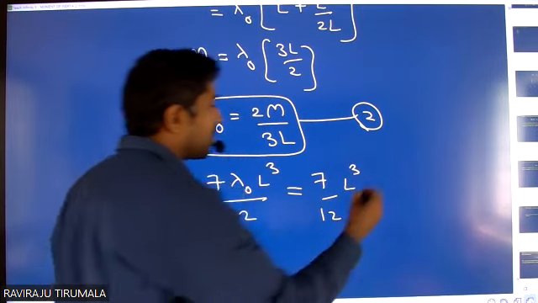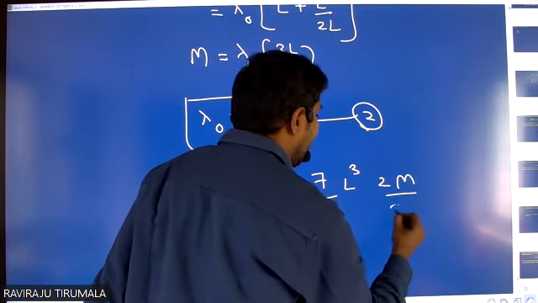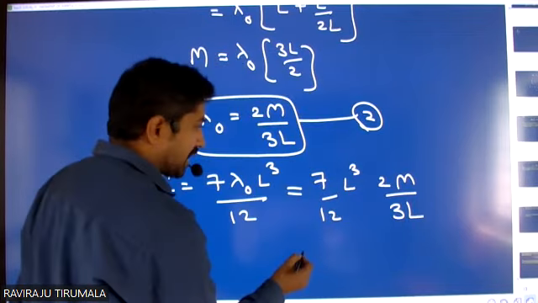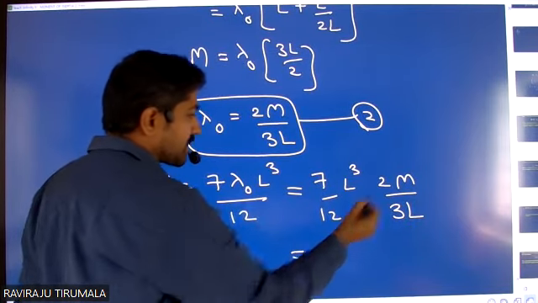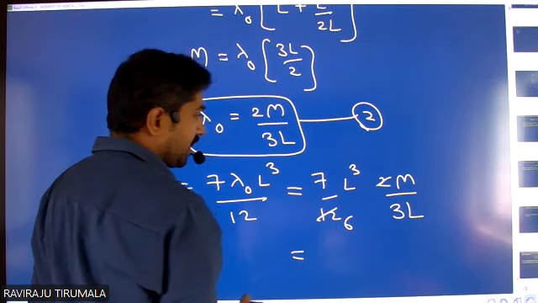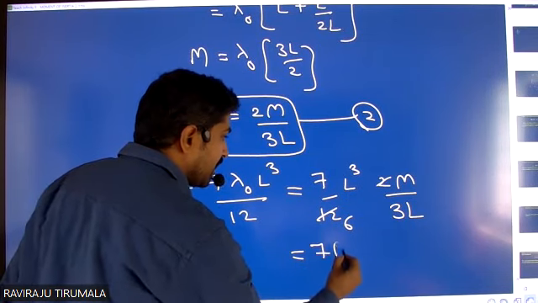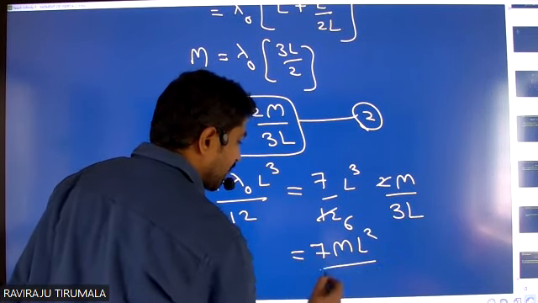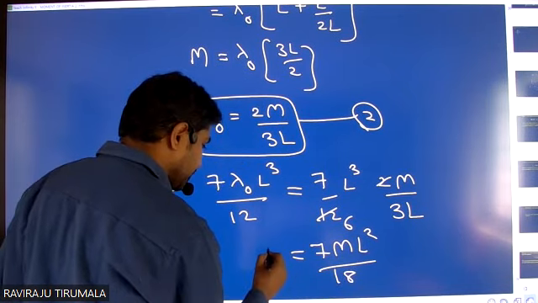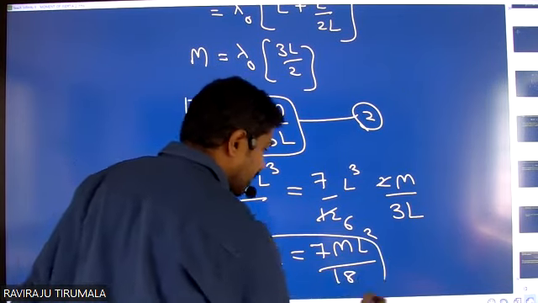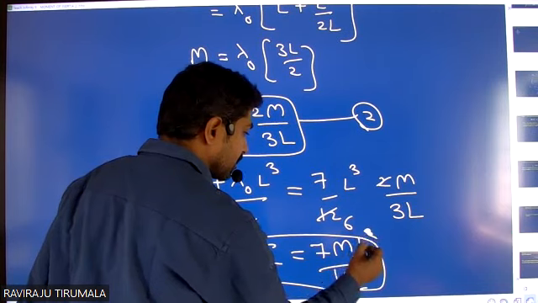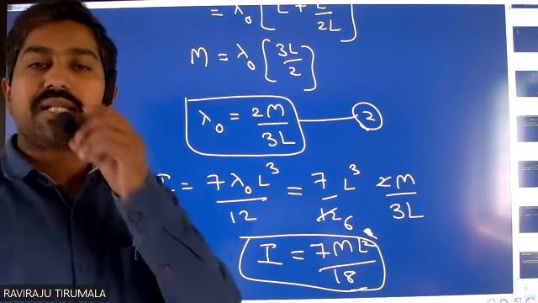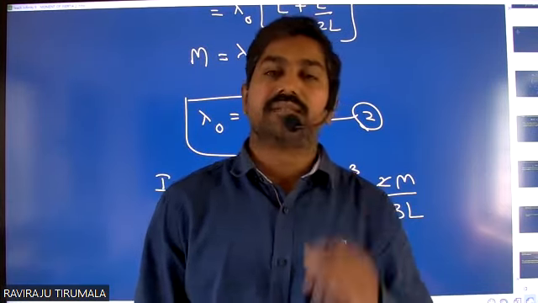In place of lambda naught, we have to write 2m by 3L. Then L and L will get cancelled, and 2 sixes, and finally 7mL square by 18. The final moment of inertia formula will be 7 mL square by 18.